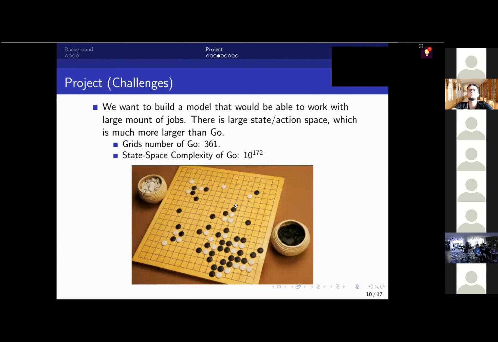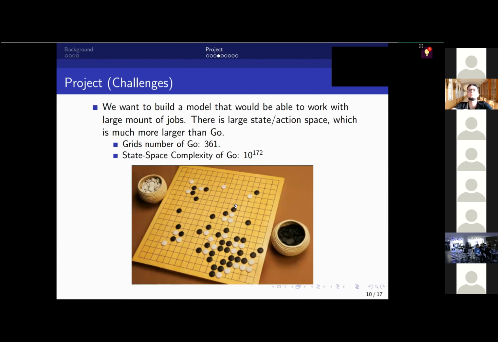Every one of you has used a mobile app with a taxi service at least once, and sometimes you have a problem that you are waiting for the taxi a long time. The problem is that there are not enough taxi drivers in your specific region. So how to solve this problem?